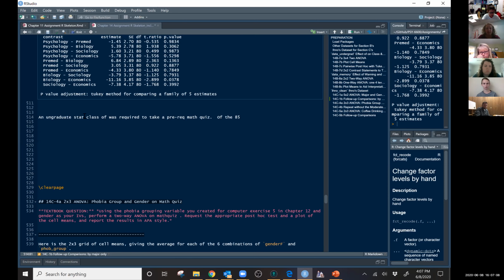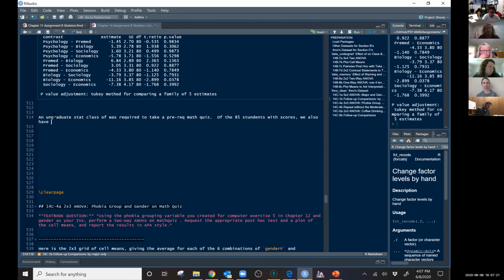Of the 85 students with scores, because remember there's 15 that didn't, we also have self-reported gender and college major. So we've stated who's in our sample and what the variables involved are.